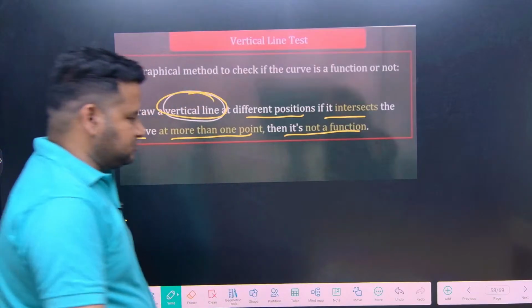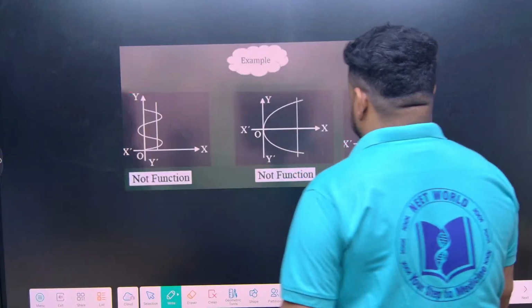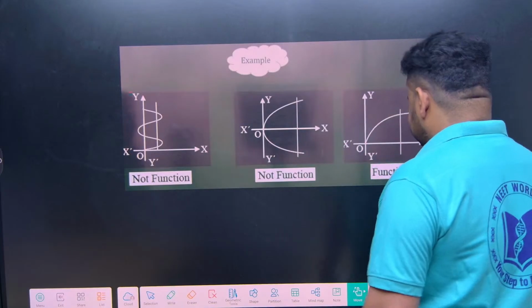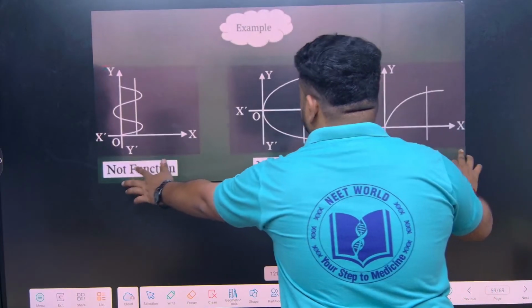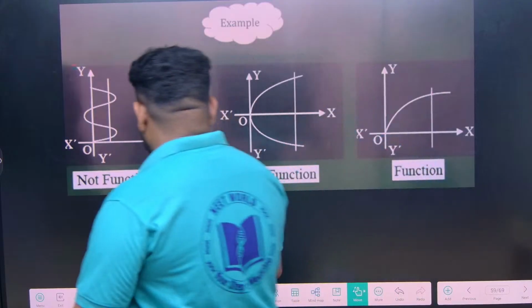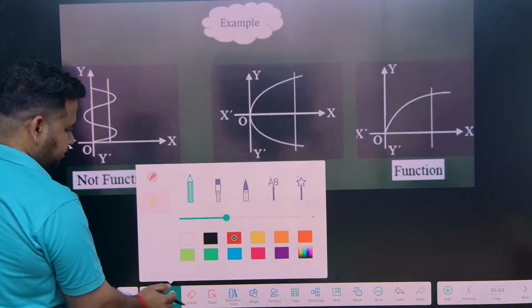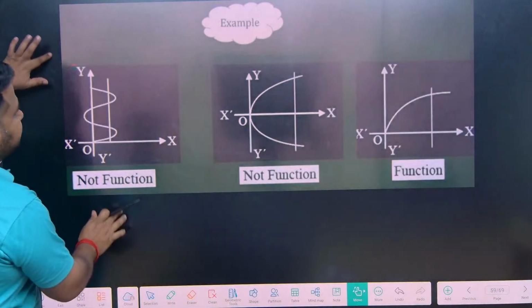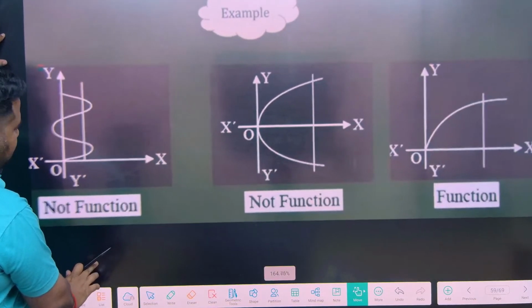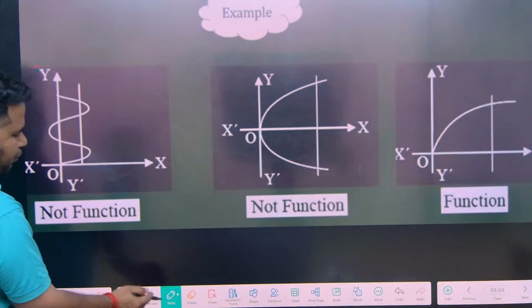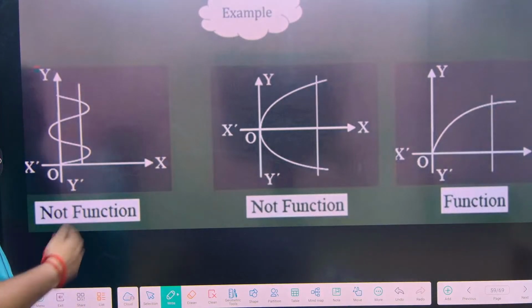What does it mean? Let us take the examples here. Observe carefully: if I draw a vertical line, it should cut the curve at only one point, but not at two points.